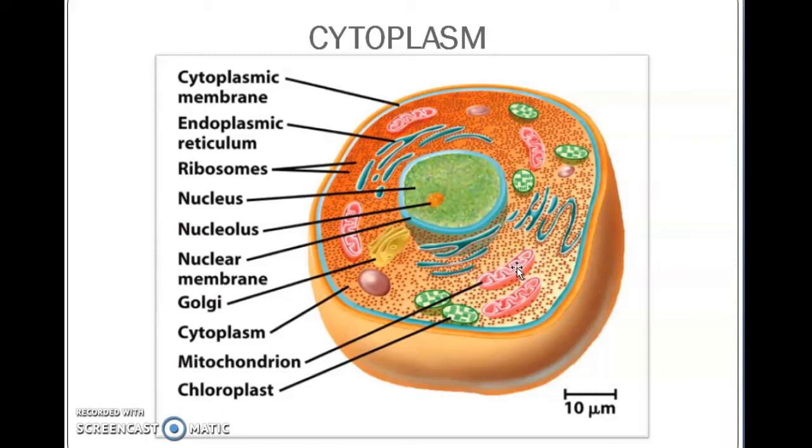As I told you, the cytoplasm is a jelly-like substance and all the cell organelles are present in it. Sometimes it comes to your mind: if it is a jelly-like substance, why doesn't the cell structure collapse? Students, it is because of the presence of the cytoskeleton, these fibers and filaments in the cytoplasm, which prevent the collapsing of the cell and help provide the proper shape to the cell.